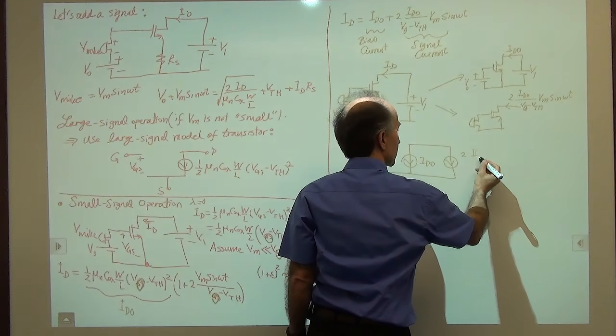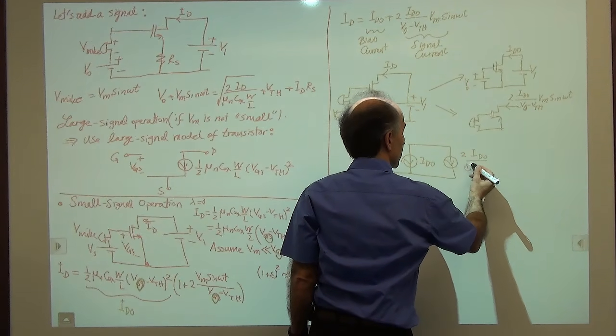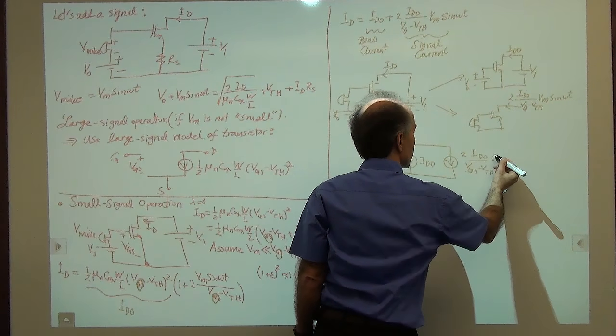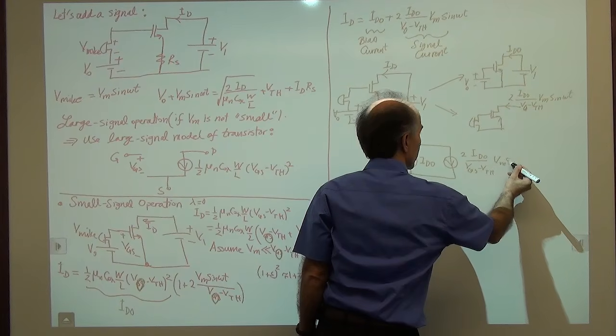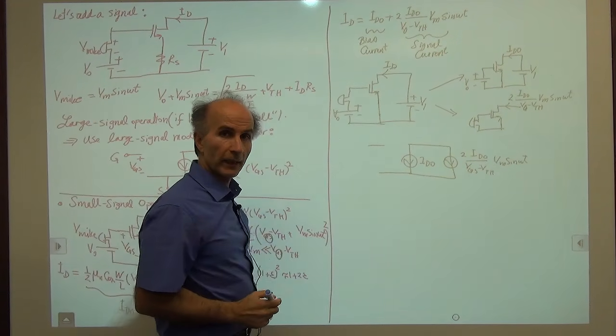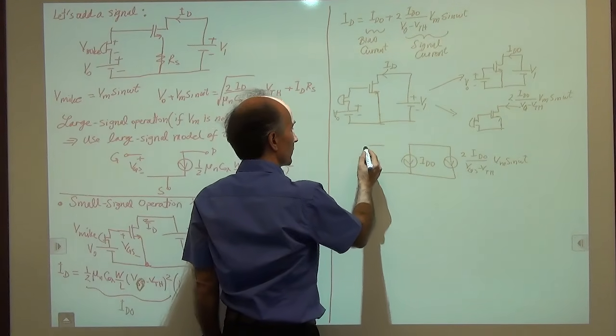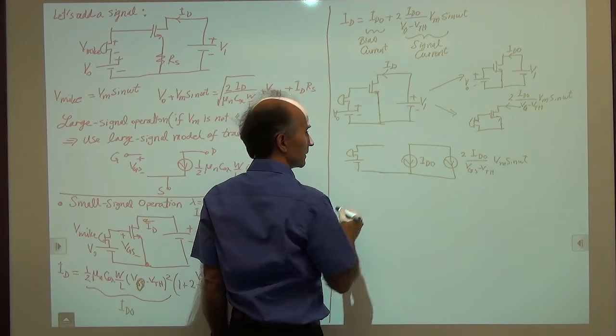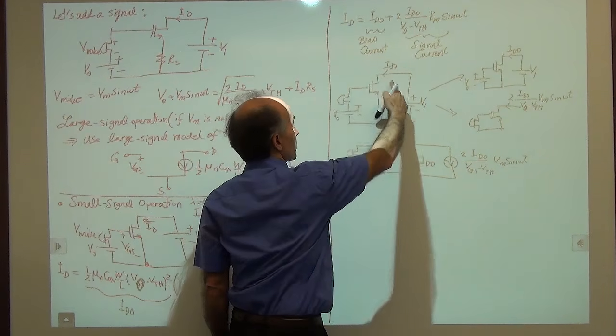So 2ID0 over VGS minus VTH times Vm sine of omega t. Okay. And what's going on here is we have a microphone signal, and then we have a battery. This represents what we have so far here.